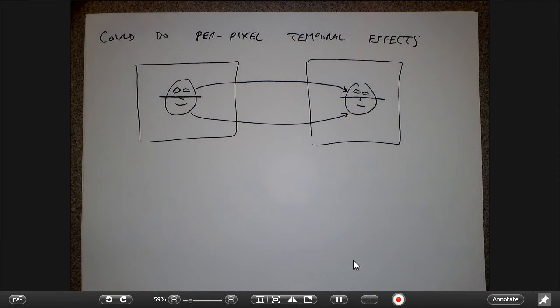There's no reason that you have to have every pixel obeying exactly the same rate of morph, right? And so you could have a whole other layer of complication by saying, okay, now I'm going to develop a temporal field that tells me what is the function of t that gets me from image 1 to image 2 for this pixel, right? And then you can do all sorts of funky effects, right? You can go back and forth. There's no reason why everything has to move all at once.